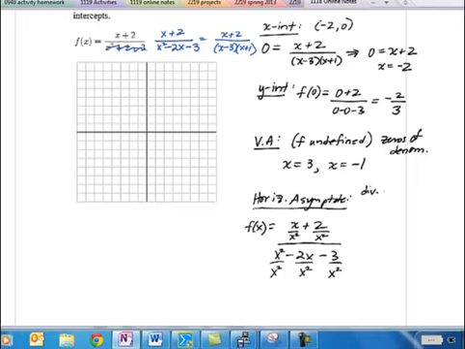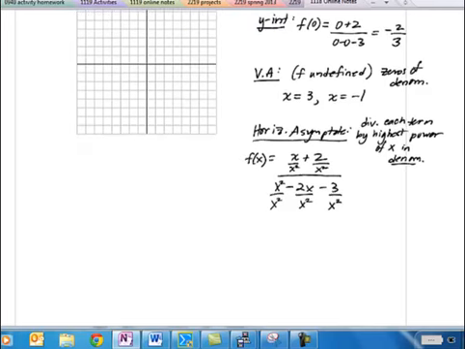Again, our process is divide each term by the highest power of x in the denominator. And that's going to give us, if we reduce things, 1 over x plus 2 over x squared over 1 minus 2 over x minus 3 over x squared.